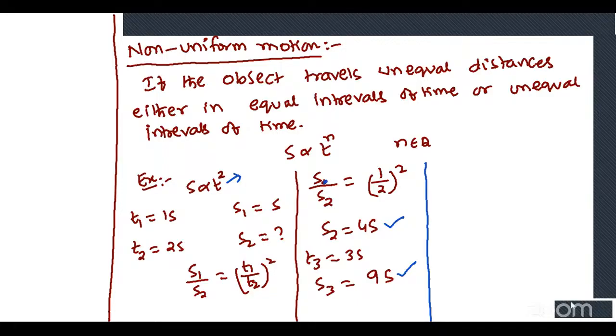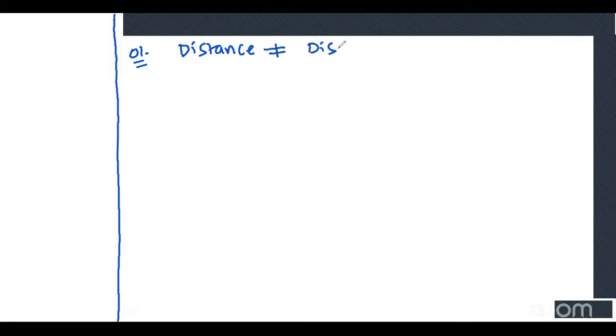So in this case, I can say that, number one, distance is not equal to displacement. And as distance is not equal to displacement, we can say that speed is not equal to velocity.